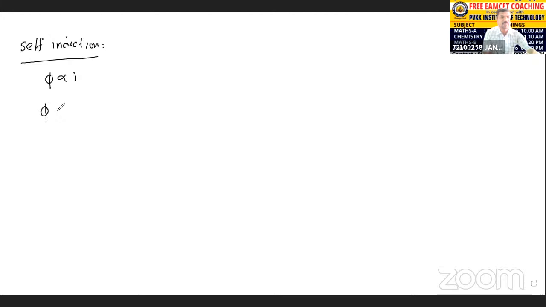Phi is directly proportional to I, so phi is equal to L into I, and L is equal to phi by I.